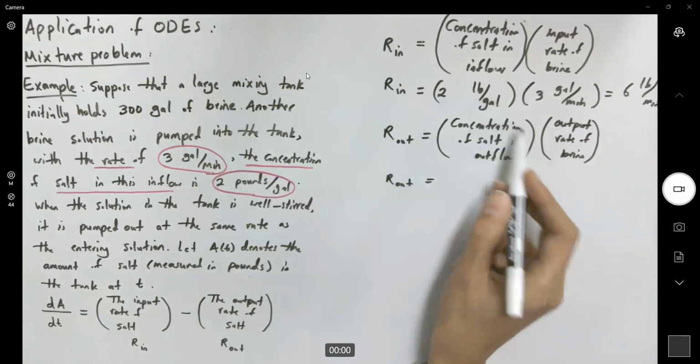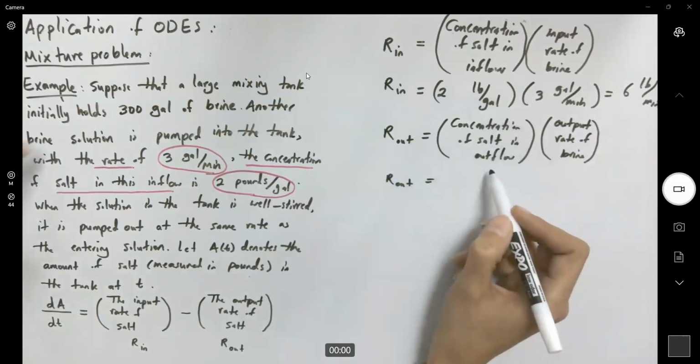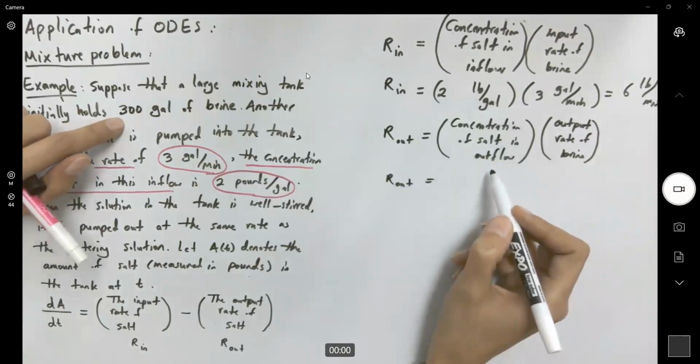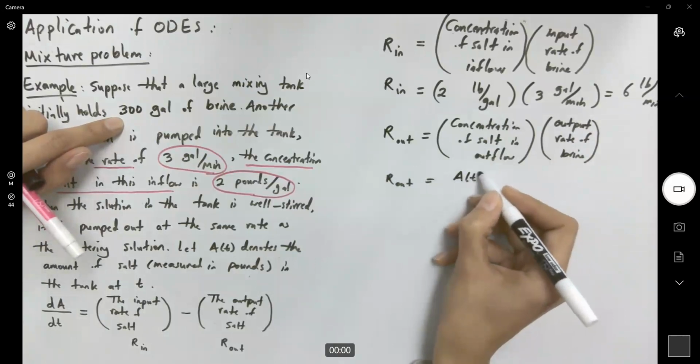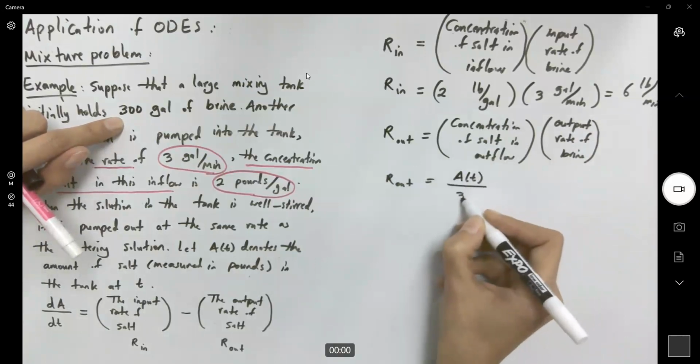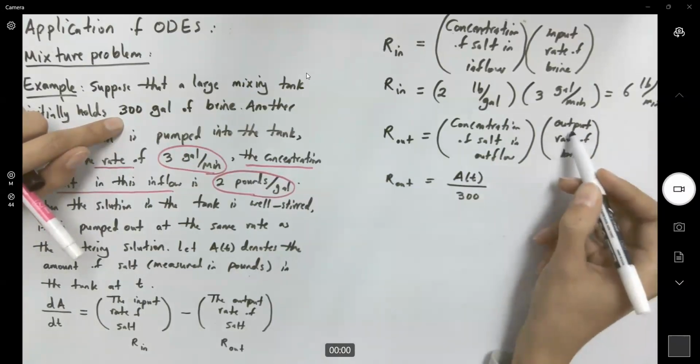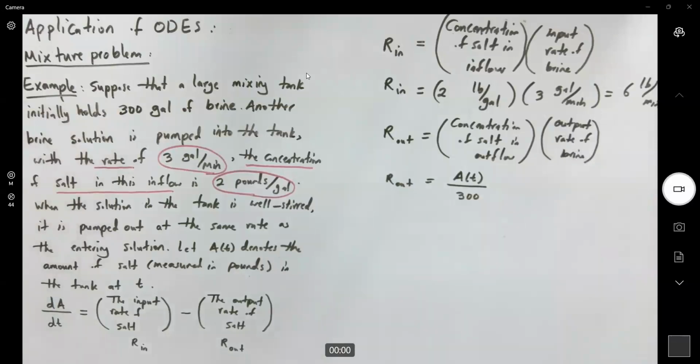First of all, the concentration of salt in the outflow: remember that initially we had 300 gallons of brine in the tank. So it's going to be the amount of salt divided by 300 times the output rate. Remember that the question says the output rate is the same as the rate of the entering solution.